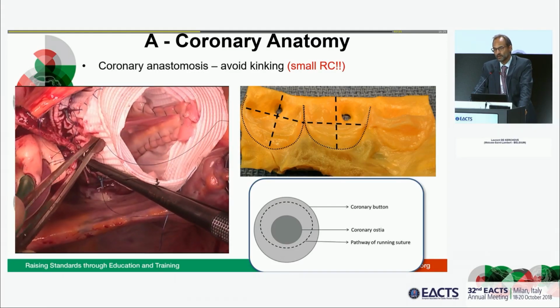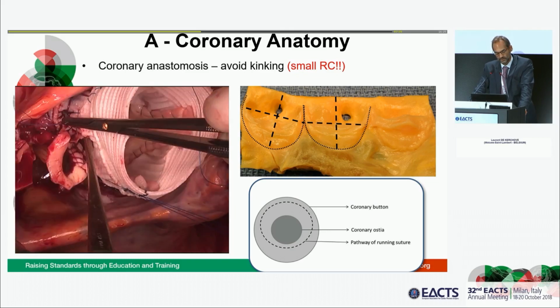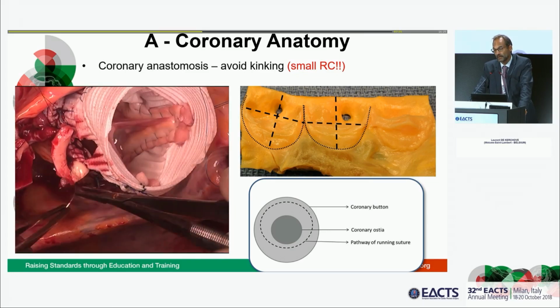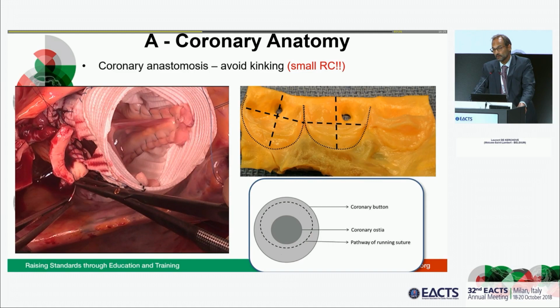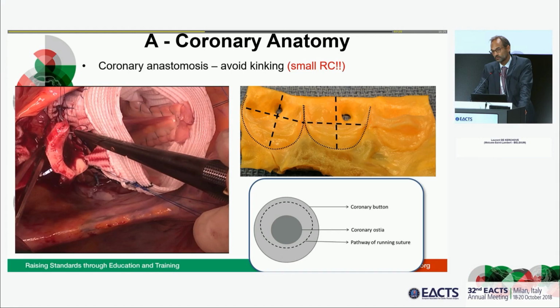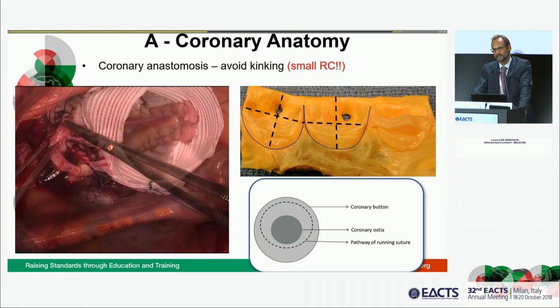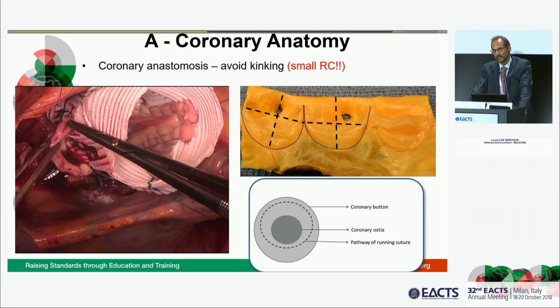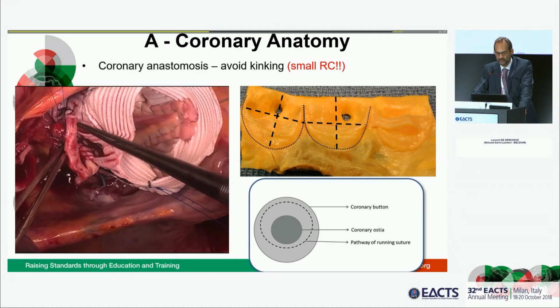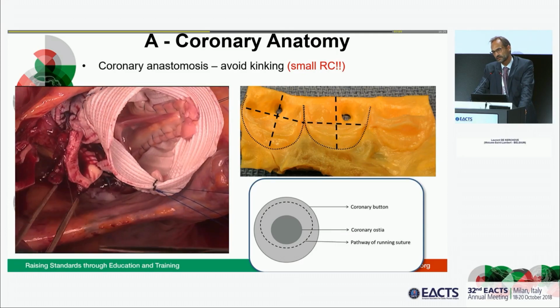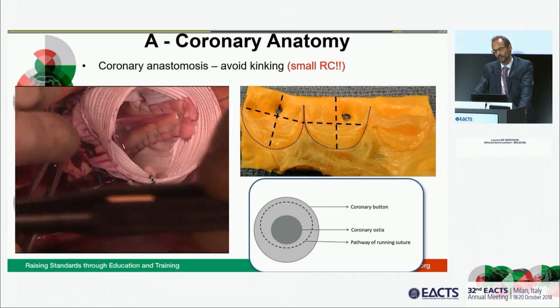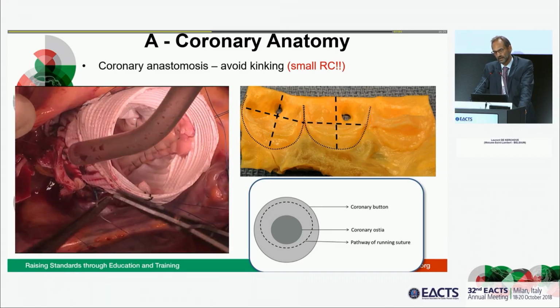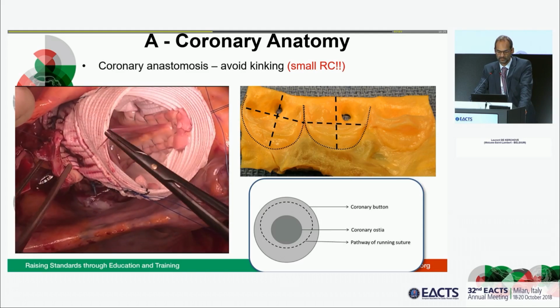Now, when you reimplant the coronary ostia on the graft, you may induce a kinking of the coronary. And the best is to reimplant it in the appropriate position on the graft. Generally, the main stem, we implant it in the middle of the left sinus. And the right coronary ostia, we implant it on the upper right quadrant of the right sinus.